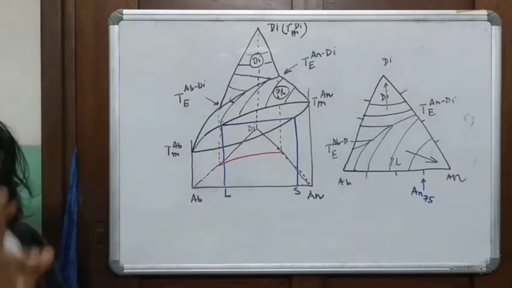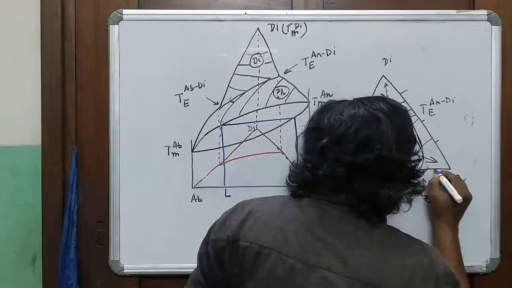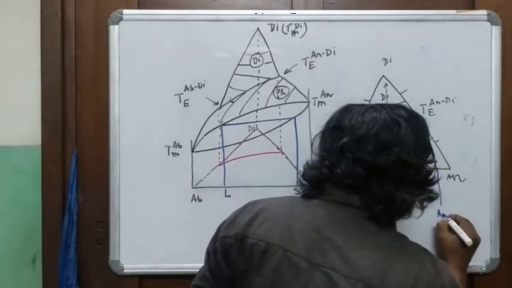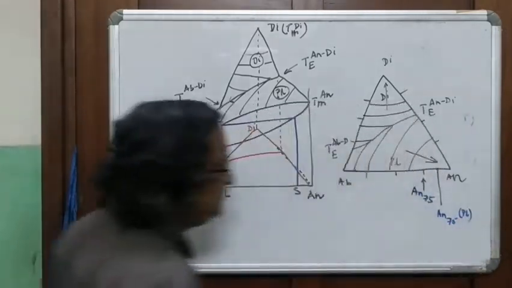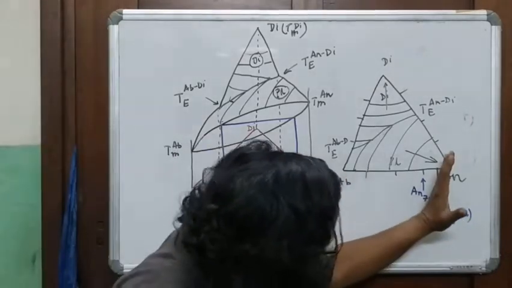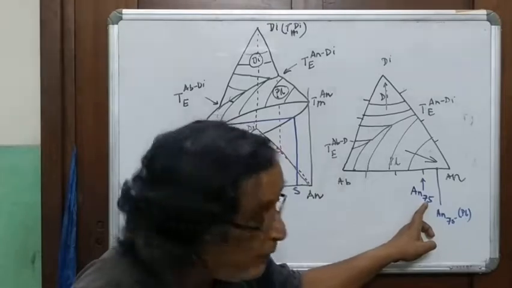Remember, when I talked about last time, it should plot on this side. So this will be anorthite 75 in plagioclase. Do you understand? Somewhere here. It should be right of anorthite 75 in the liquid.